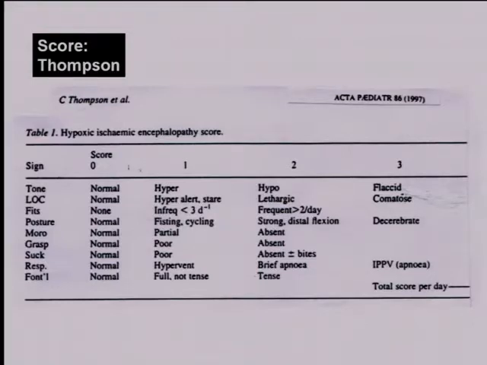The total score is 22 points, and so this is a very fine scale, and it's very clear every baby should be assessed in the first hour after delivery, at 6 hours, at 12, at 24, and then at least once a day, because it tells you very exactly how the baby recovers or deteriorates.